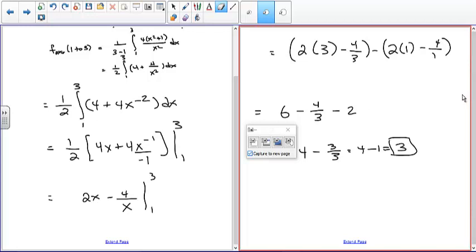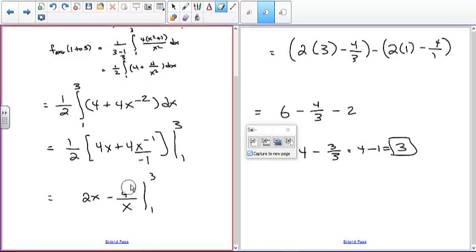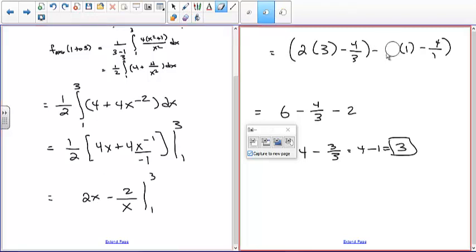Actually, it makes it even worse. What am I doing wrong here? Oh, I also forgot that should be 2, because I divided by 1/2, so let's fix that. Okay, multiple mistakes there. So let's fix all this.